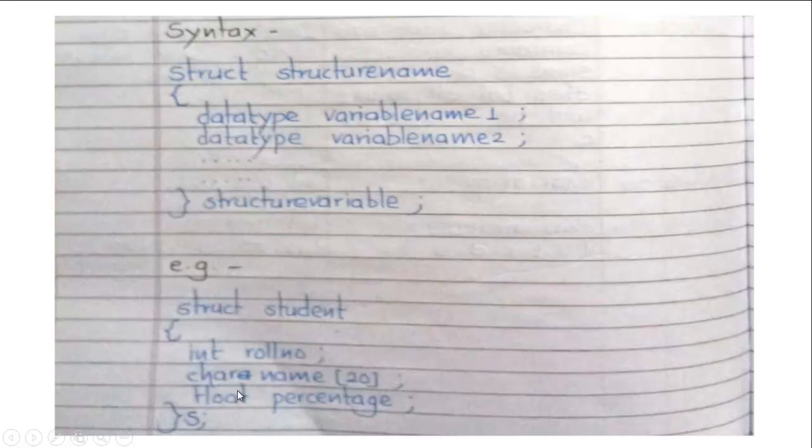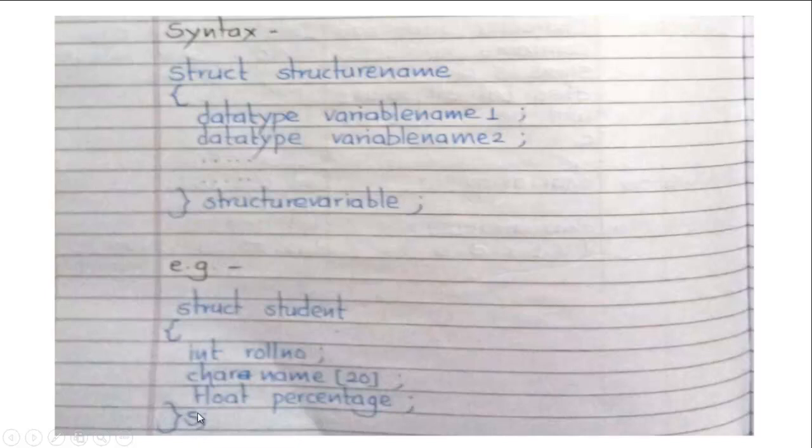It is not necessary that every time it will have all these data types. It can contain 2 data types, 3, 4, whatever it may be. So it is not compulsory to declare only 3 variables. You can add more than one variable of different data types. Then closing brace and here you have to write the variable name, the structure variable.